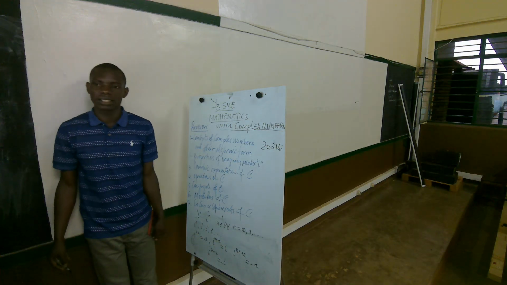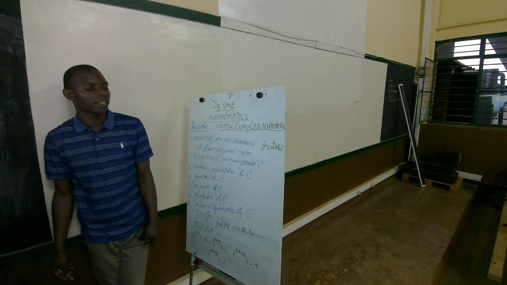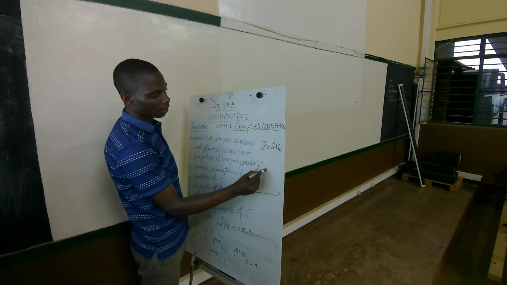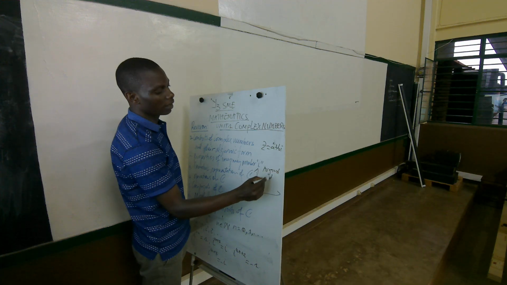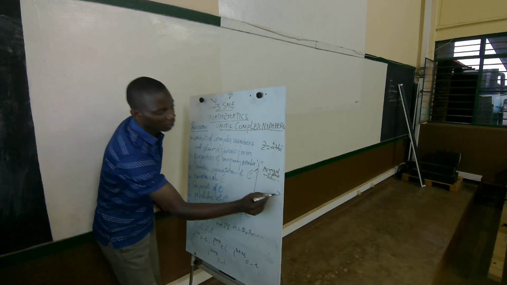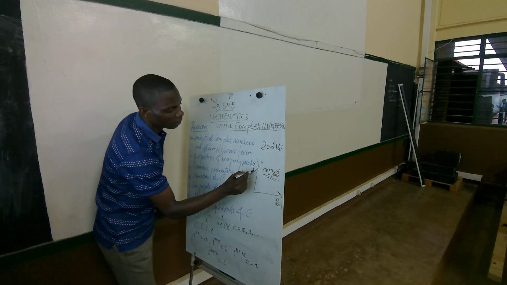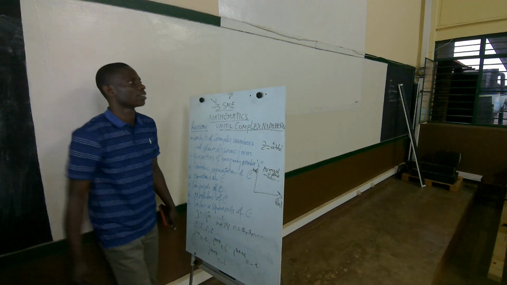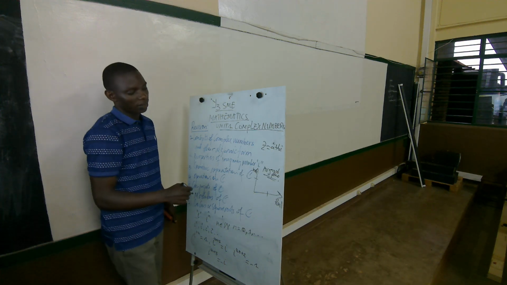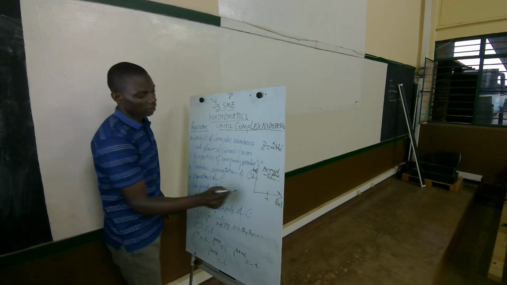We have seen that while presenting this complex number in an Argand plane, we draw the Cartesian Argand plane, where this axis is for the real part and this is the imaginary axis. For example, for z, you have a and you have b.